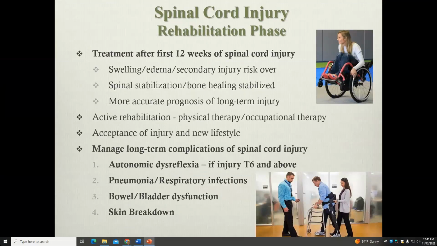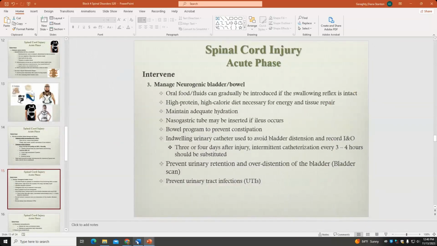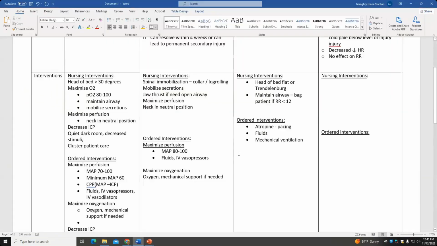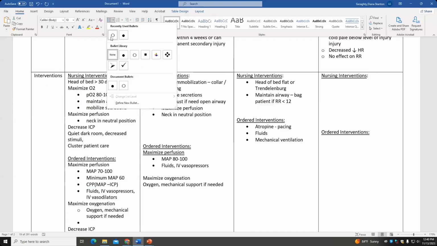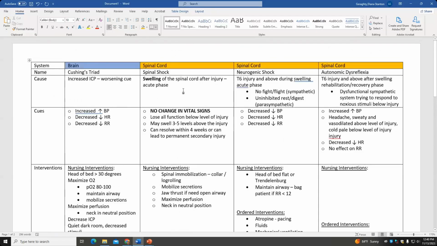So that's pretty much, really, the only thing we can do to prevent spinal shock, that's it. We're log rolling, mobilizing, jaw thrust if needed. There really isn't much else we can do in terms of affecting spinal shock.